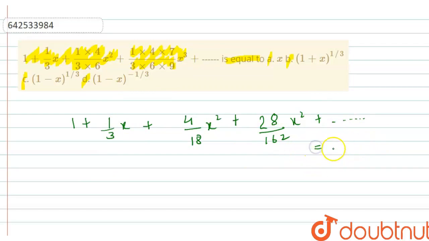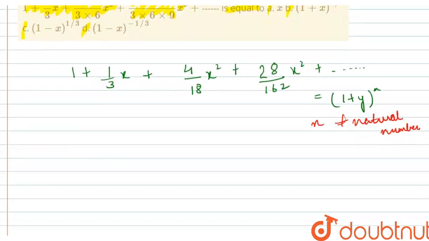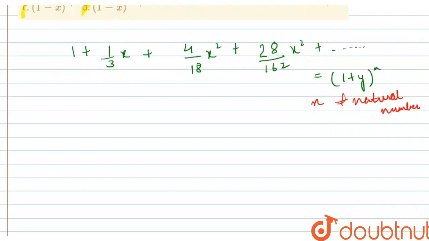So I am assuming that let it be equal to 1 plus y to the power n. One thing here to be noted is that n is not a natural number. It may be rational, irrational, any number, but not a natural number. Okay, so now I'm writing it as equation number 1, since I've compared it with 1 plus y to the power n.